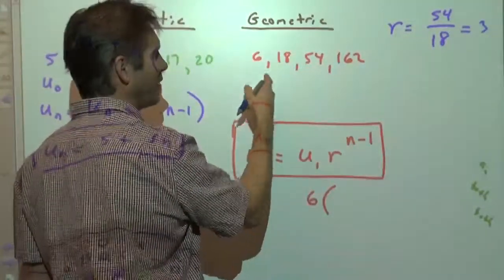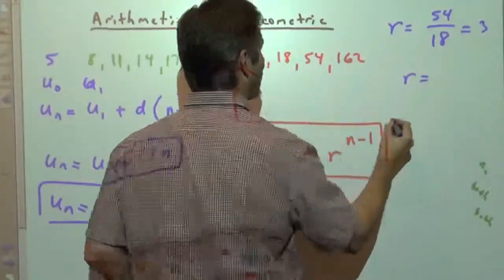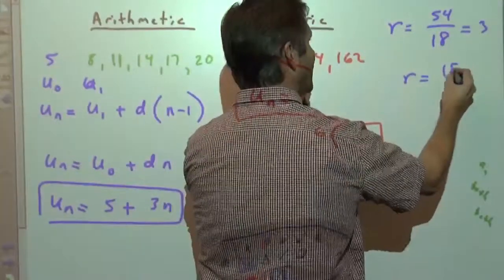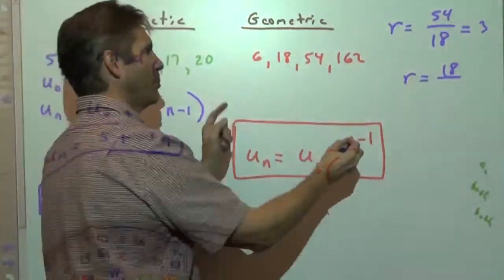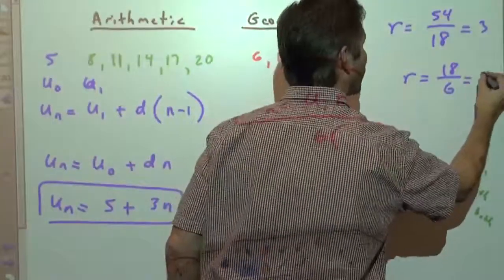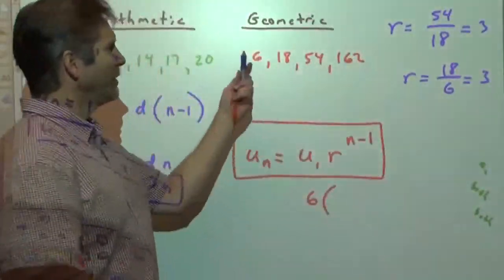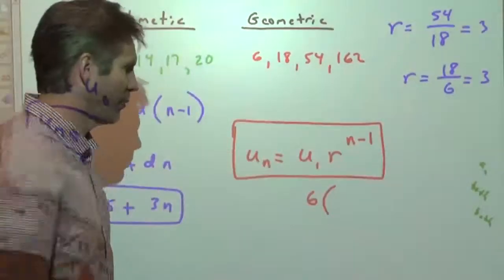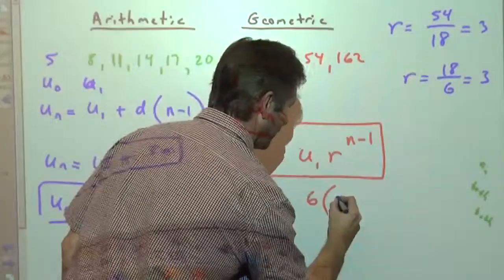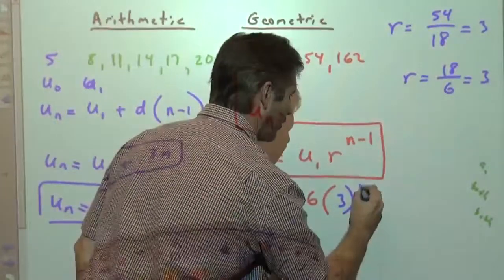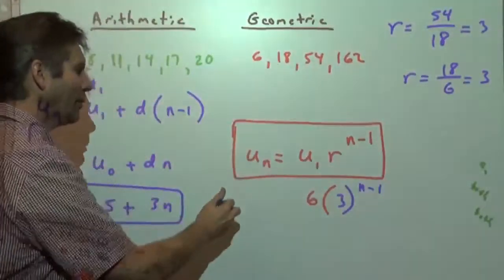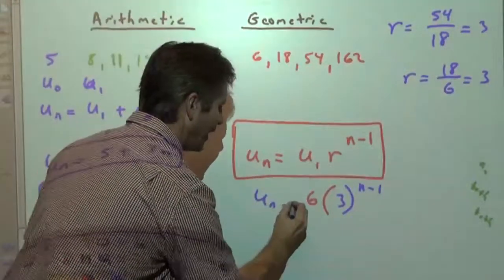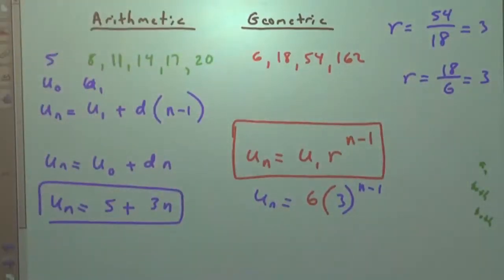Same holds true for these guys. The common ratio can also be found by taking the 18 and dividing it by the term right before it, which is 6. That also gives you 3. So when you see that you keep multiplying by 3, that's the common ratio. That's the r that goes in this formula right here. So we have 6 times r raised to the n minus 1 power, and that would give you a formula for finding the nth term.